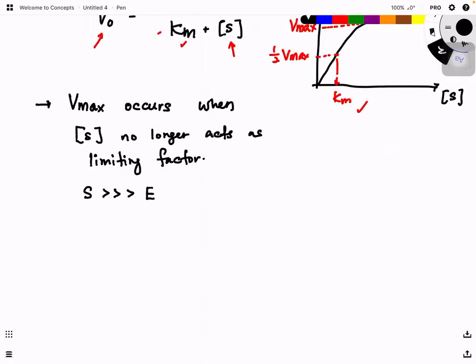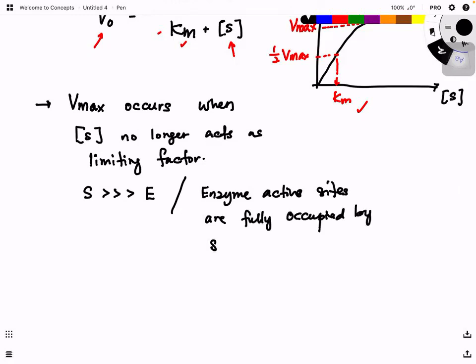So at this point, the enzyme active sites are fully occupied by substrate. My enzyme works at the maximum already. You cannot further increase. That is the maximum already. Are you clear? Okay, so that is Vmax.